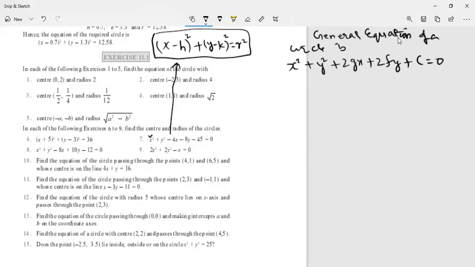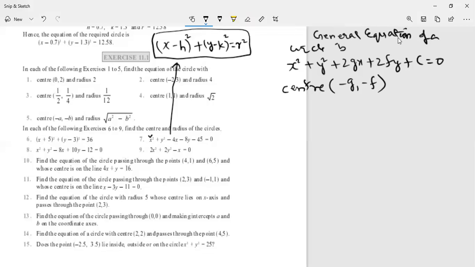If any equation is written in this format, it will always represent a circle. So what will be its center? Its center will be (minus g, minus f). We can find it by comparing with this one.